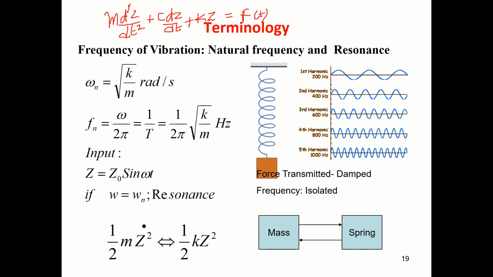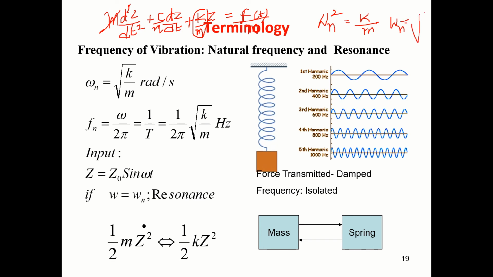If I divide throughout by m, then this becomes d²z/dt² plus (c/m) dz/dt plus (k/m) z equals F(t)/m. This k/m is defined as omega n square, or omega n is equal to root of k by m.